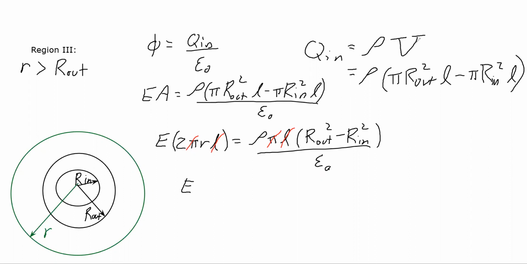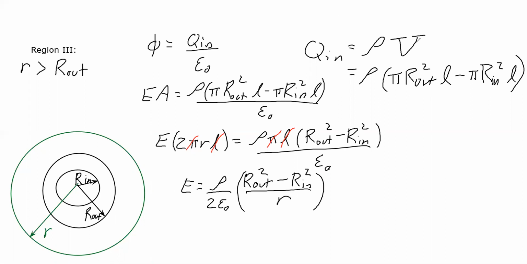E equals rho over 2 epsilon 0, times R out squared minus R in squared, over r. And that's my electric field.